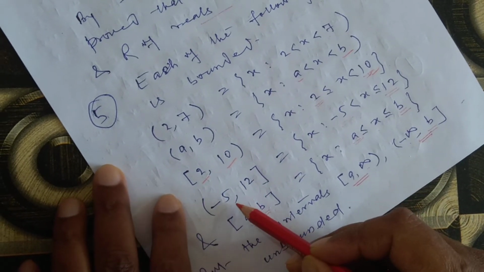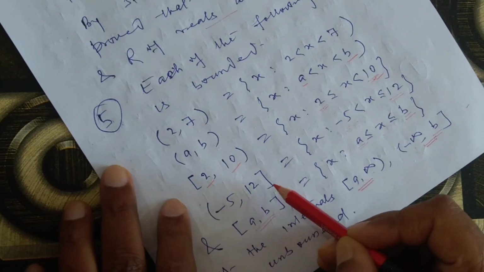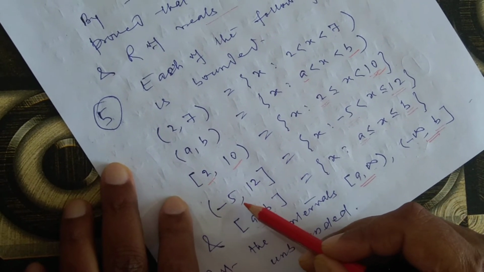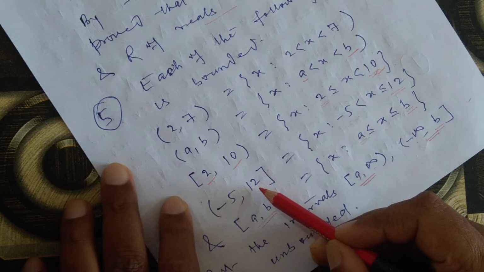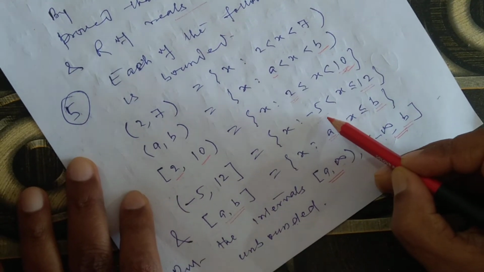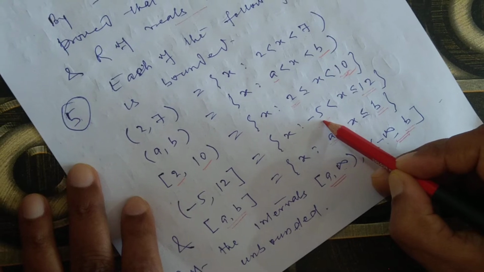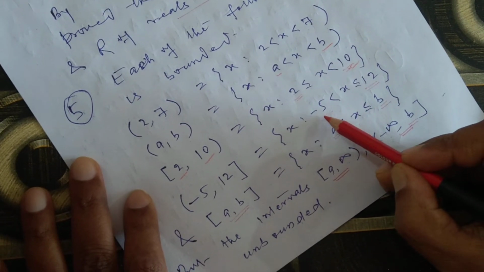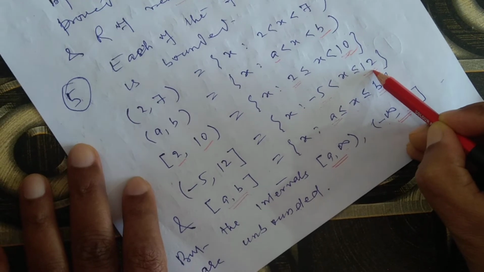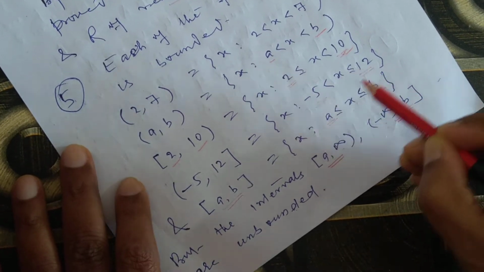Like this, a semi-open or semi-closed interval, open at -5 and closed at 12, is bounded, whose GLB is -5, not a member of the set, and LUB is 12, which is a member of the set.